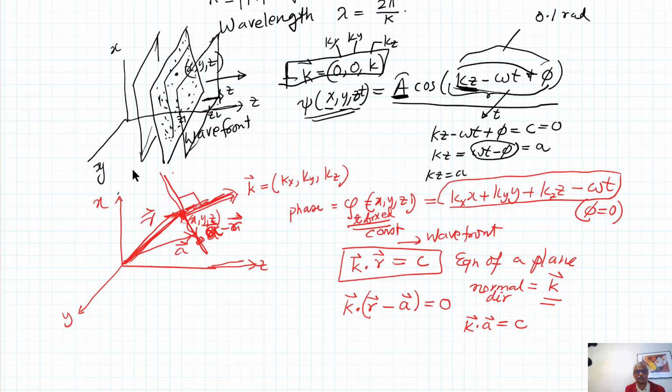So if I go here r, add this, I get the a vector, right? Okay, so you can see why even for arbitrary direction k, the wavefronts are plane wavefronts.